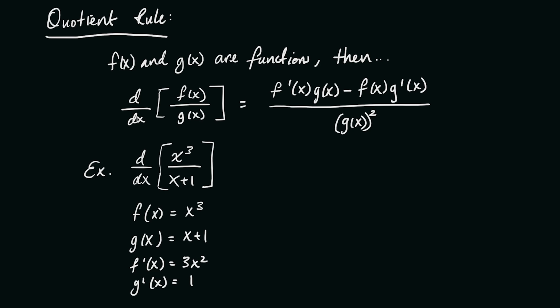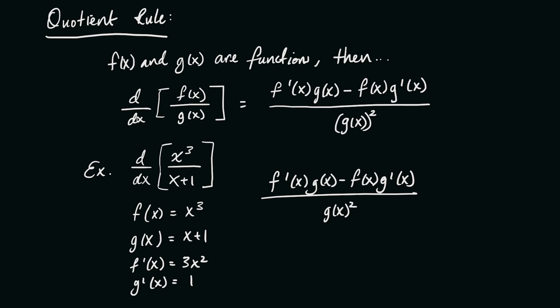So now let's put it into the equation that we have here. So of course f prime of x times g of x minus f of x times g prime of x over g of x squared, right?